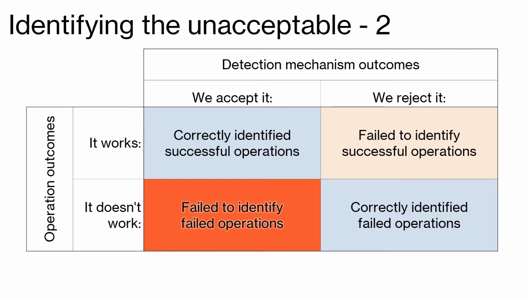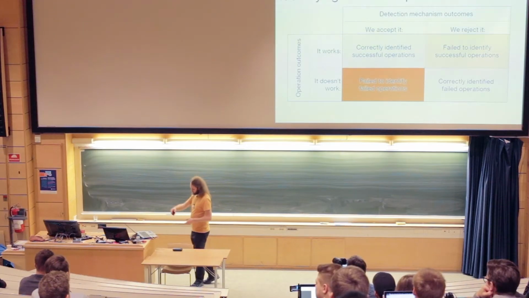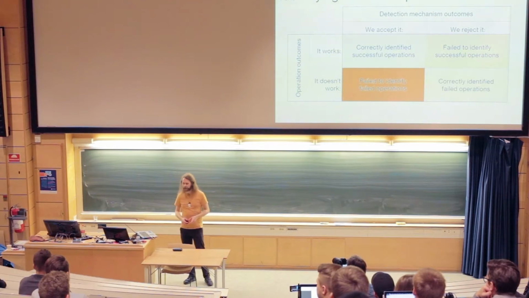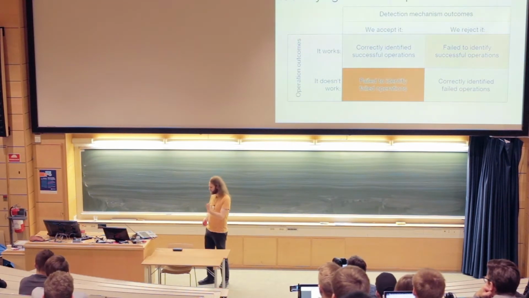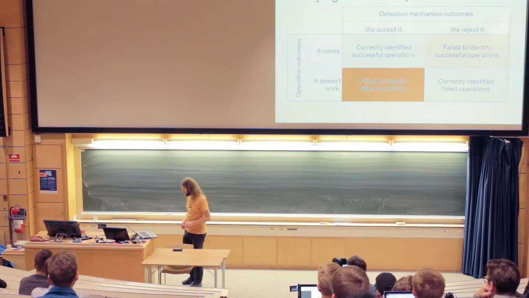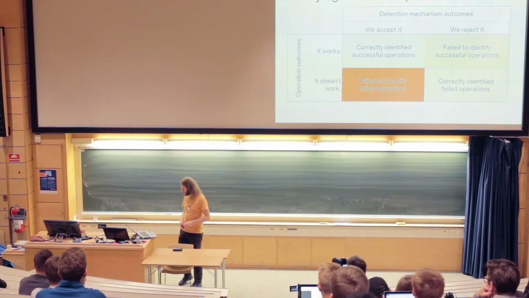So this is not ideal, but this is acceptable. It's erring on the side of caution instead of erring on the side of minimal amount of detection. So, as you might see, this is a kind of a type 1, type 2 error scenario. We want one of these and not the other one. Which one is type 1 and which one is type 2 depends on your perspective in this case.